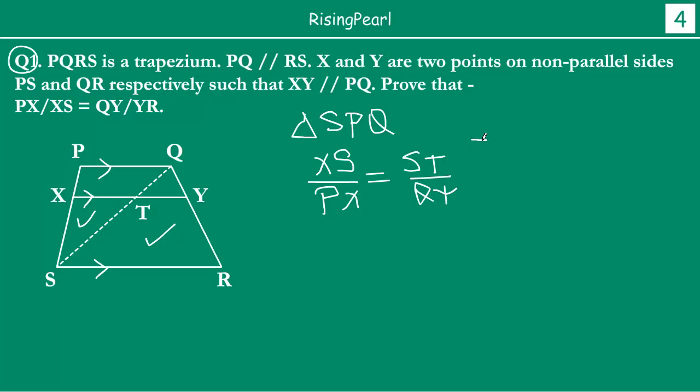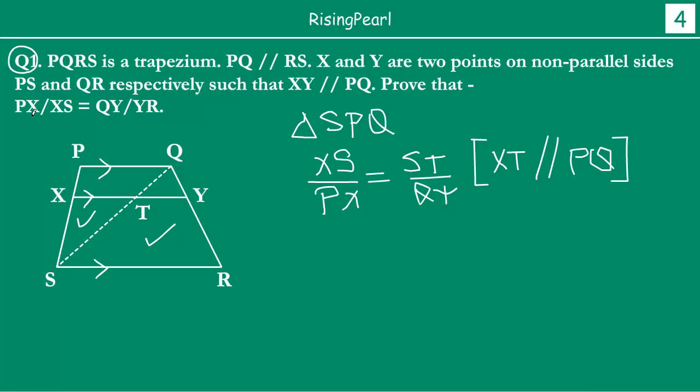Why? Because in this triangle SPQ, XT is such a line that is parallel to side PQ. Right? So in triangle SPQ, this line is parallel to one of the sides of the triangle. So this line divides these 2 sides in the same ratio. So XS divided by PX must be equal to ST divided by TQ.